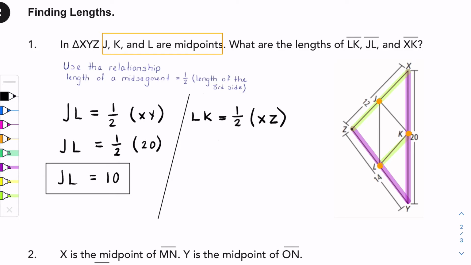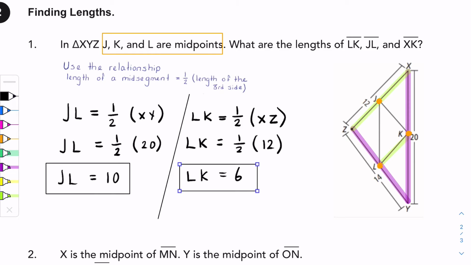When I substitute in the value, we have 1/2 times 12. 1/2 times 12 is the same thing as 12 divided by 2, which is 6. Again, very simple. Hopefully you can complete that, most of the time, in your head.